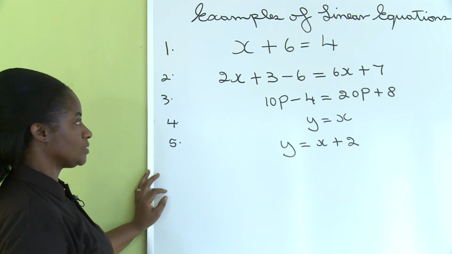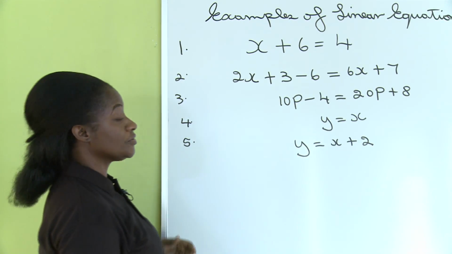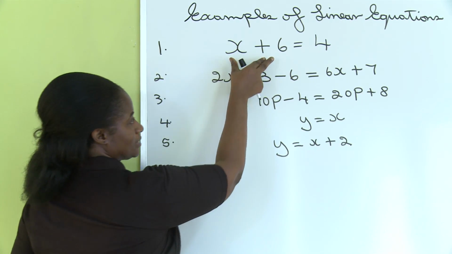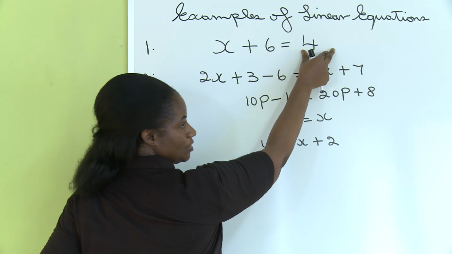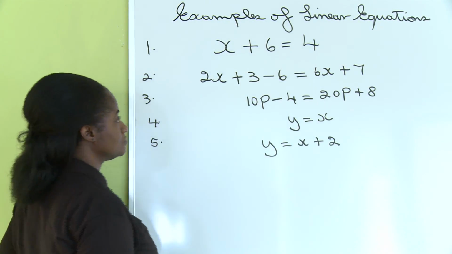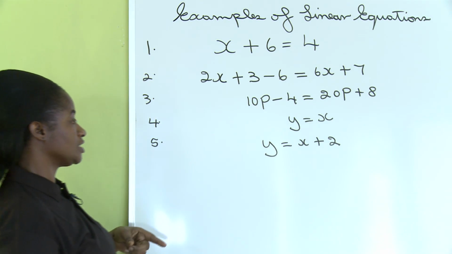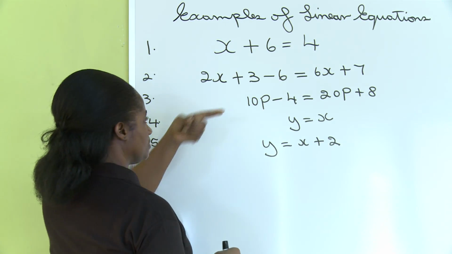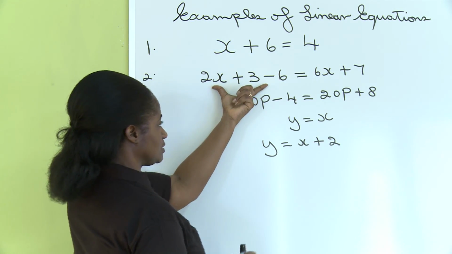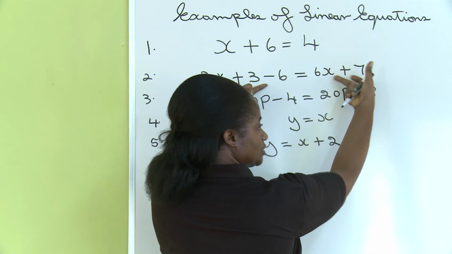In the first example, you can see there is a relationship between an expression and a constant. In the second example, we have a relationship or an equality between an expression and another expression.